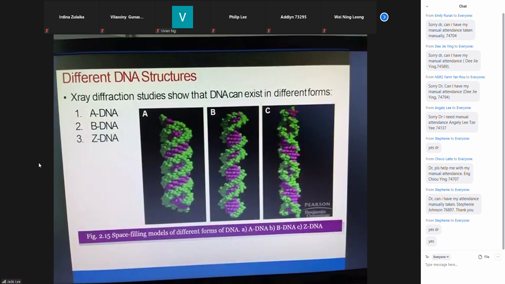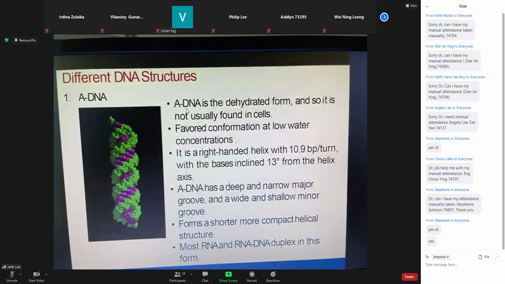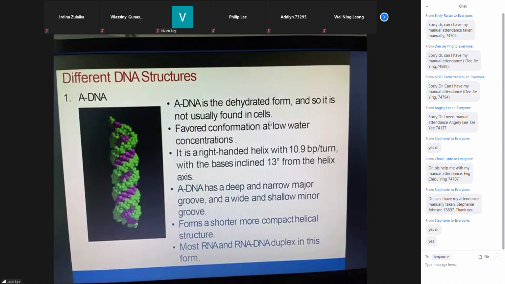Now, X-ray diffraction studies show how DNA can exist in different forms. We have A DNA, B DNA and Z DNA, under different conditions. A DNA is the dehydrated form, meaning it has less water, but it is not usually found in the cell. It favors conformations at low water concentrations.